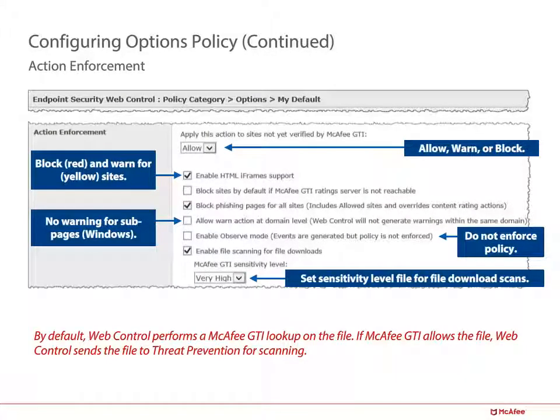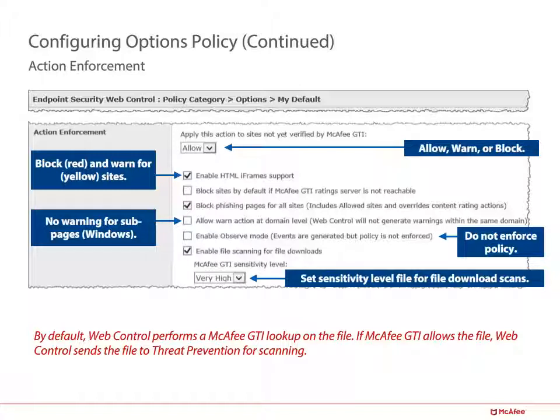The action enforcement options are: apply this action to sites not yet verified by McAfee GTI. This specifies the default action you want to apply if McAfee GTI has not yet rated the site. You can select Allow, which is the default, and it permits the users to access the site. Warn will display a warning message about the potential dangers.